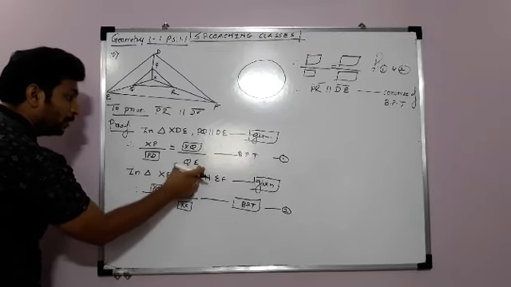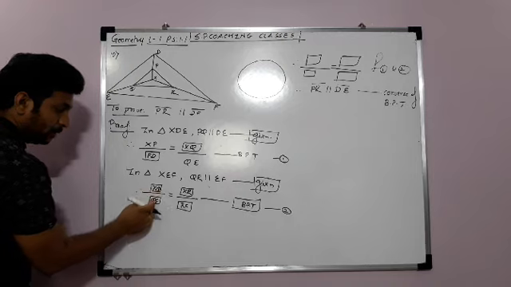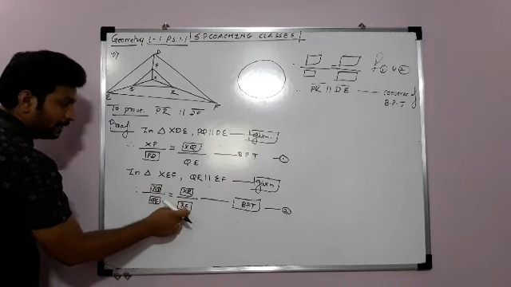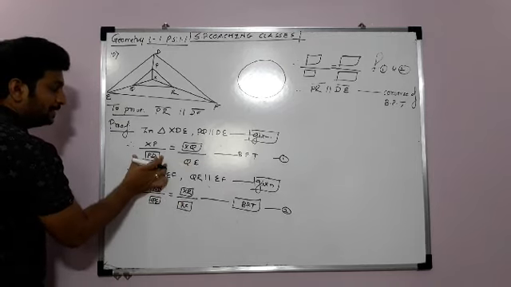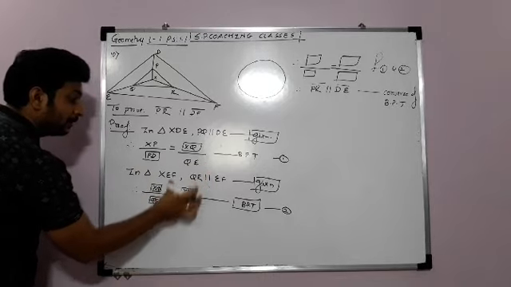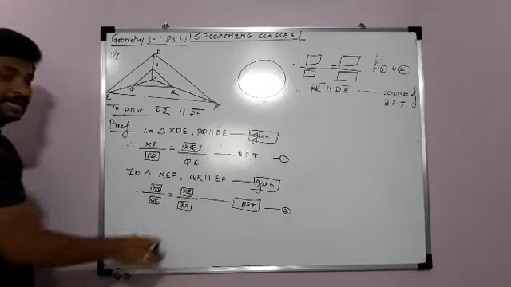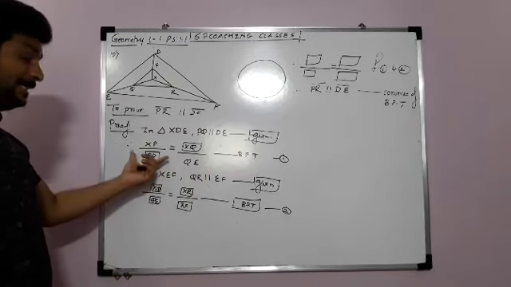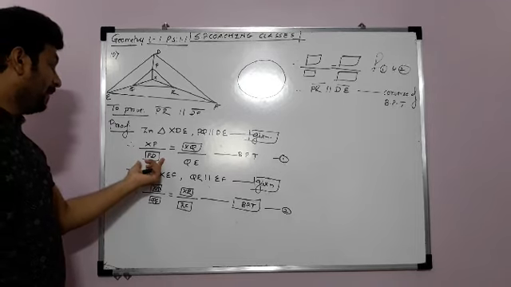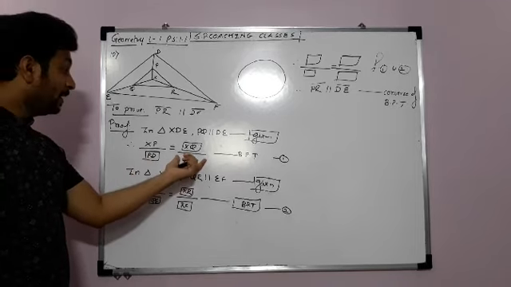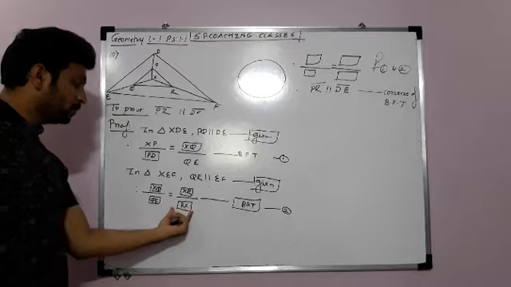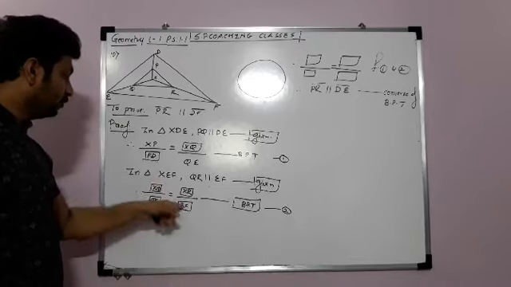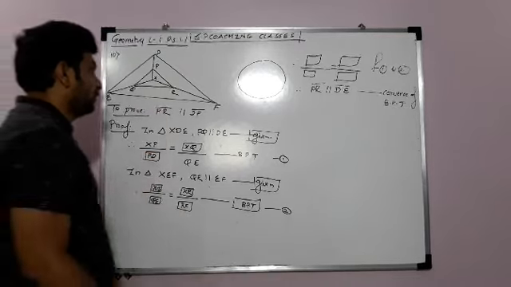Again the XQ upon QE is repeated here. So from 1 and 2, if this side is equal to this side and this side is equal to this side, both these sides are equal. Hope you got it guys. Pay attention: this proportion is equal to this one, and this proportion is equal to this proportion, so both of them must be equal to each other. That we have to write in the next block.